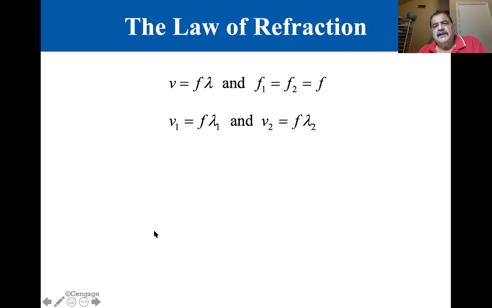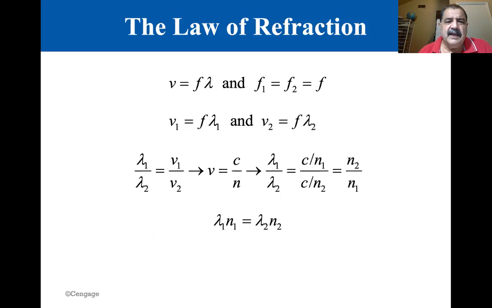Let's look at some of these equations. Velocity is equal to the frequency times lambda, and in this case, the frequency is the same: f1 equals f2 equals f. So the velocity of 1 equals f lambda 1, and the velocity of 2 equals f lambda 2. If we divide one by the other, you get lambda 1 over lambda 2 equals v1 over v2.